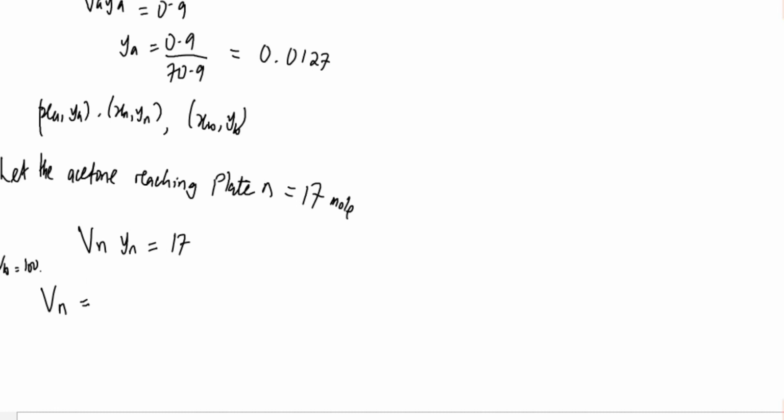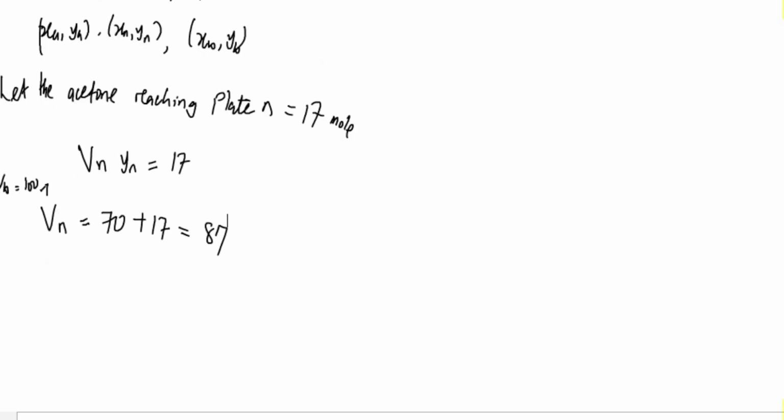So at Vn we have our air still 70, but reaching Vn is not all the 30 mole of acetone. It's only 17 mole that reaches N. That means 13 mole of it has been absorbed before reaching plate N. So my Vn is going to be 70 plus 17, which is 87.